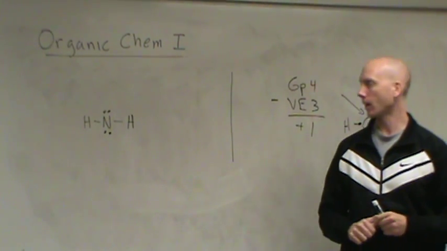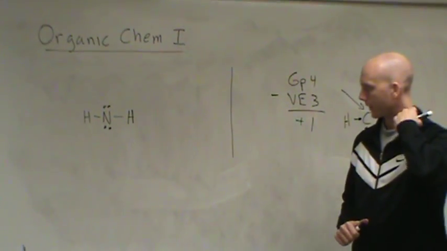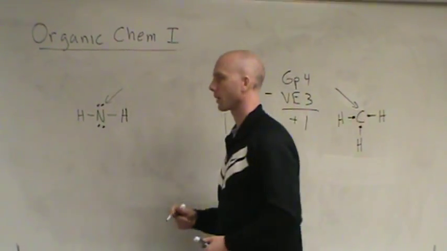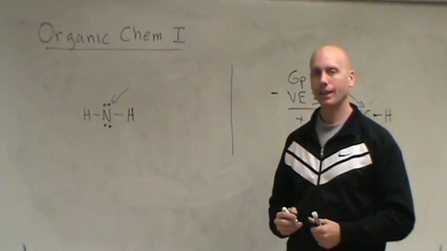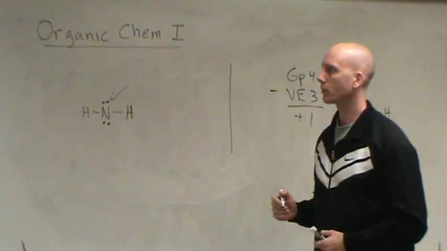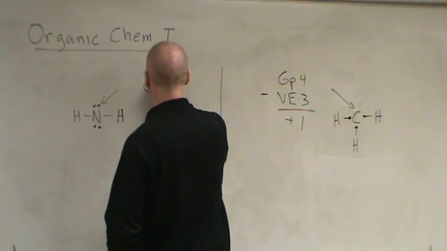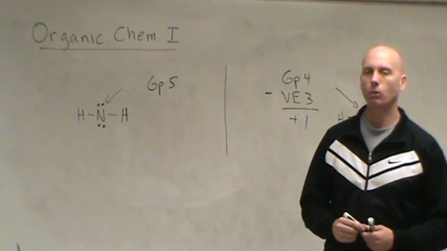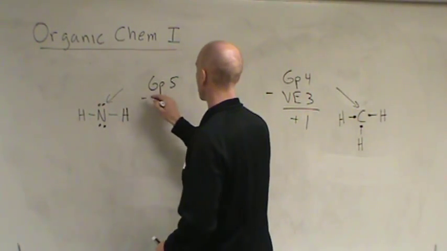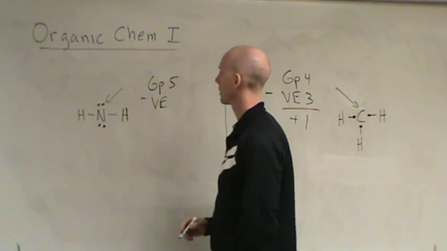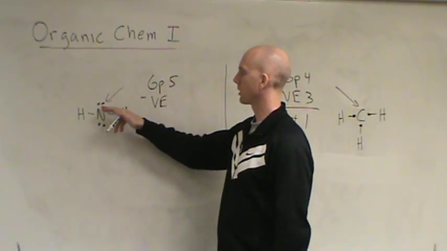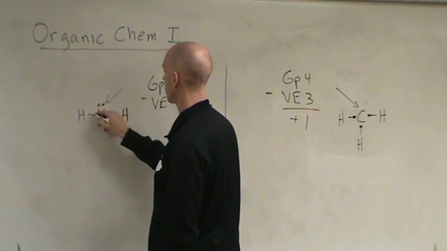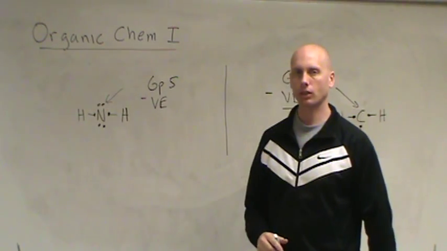Let's look at this one here. Here we have nitrogen with 2 hydrogens. And I want to get the formal charge on the nitrogen. Nitrogen is in group 5. Now, what are the valence electrons that I'm going to subtract? Okay, so let's count them. 2, 4, then 1 for each bond, 5, and 6.